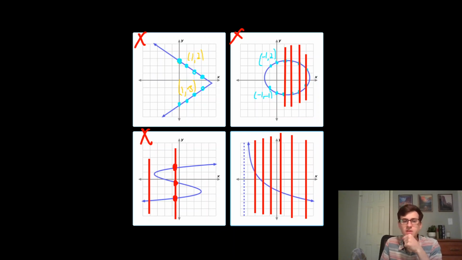So while none of these are functions, because you can see the vertical lines are hitting twice, or the same inputs have different outputs, this is a function, definitely. So we looked at some graphs, some tables, some mapping diagrams, and hopefully this helps you get a better feel for what is a function and what's not a function.